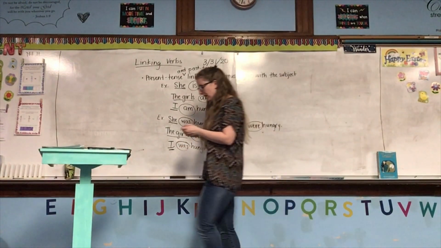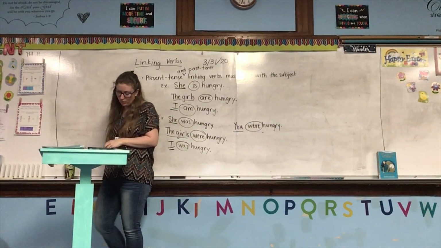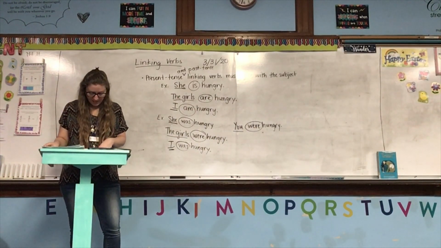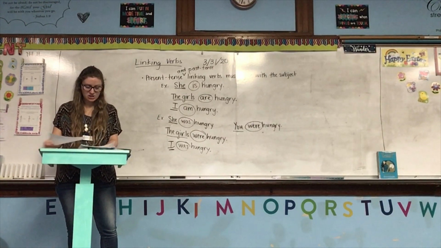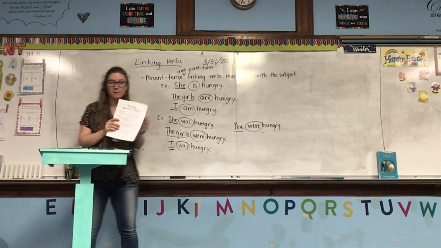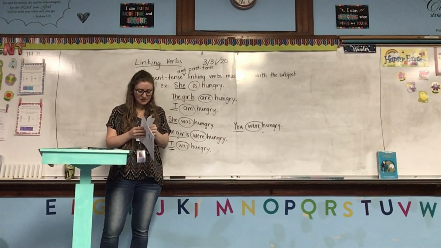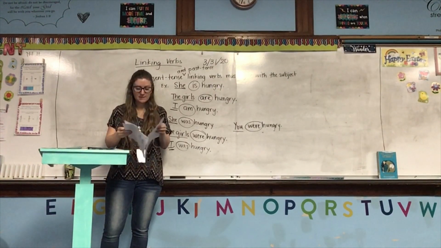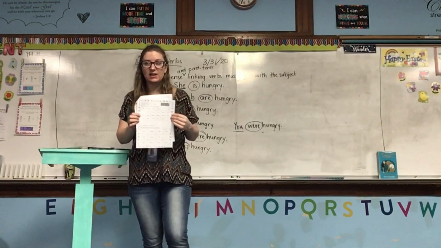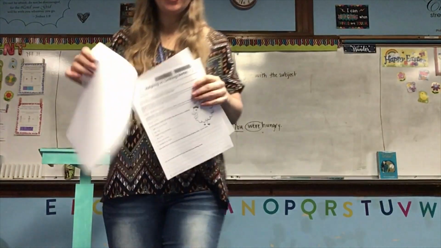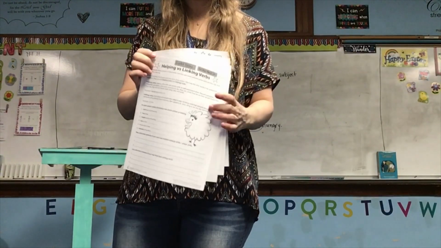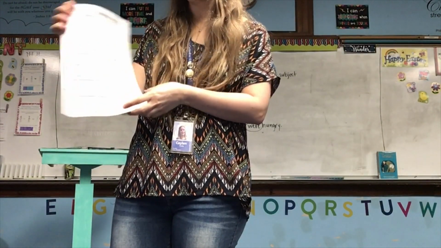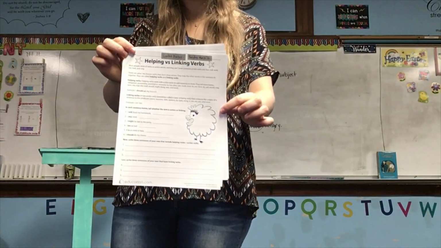Okay, now what I want you to do is I want you to get out your guided practice sheet. So go ahead, open up your packet, open past the anchor chart, and open to this first page of the guided practice. It has this little fluffy monster on it, and it's called helping versus linking verbs.